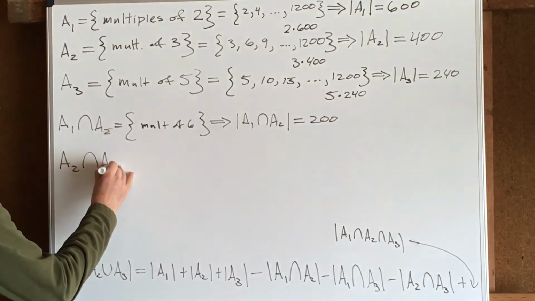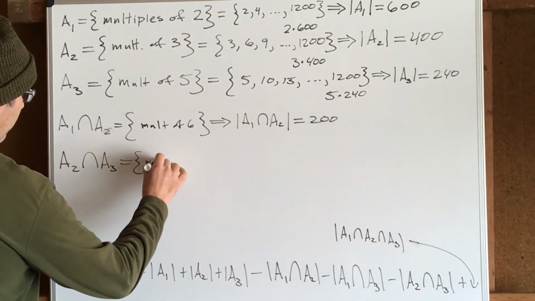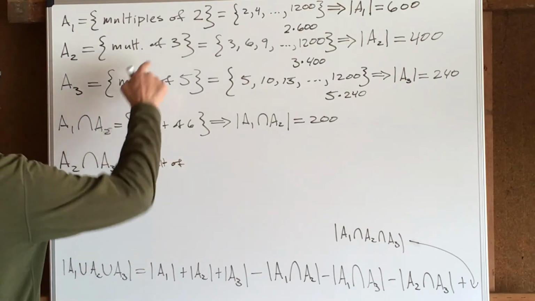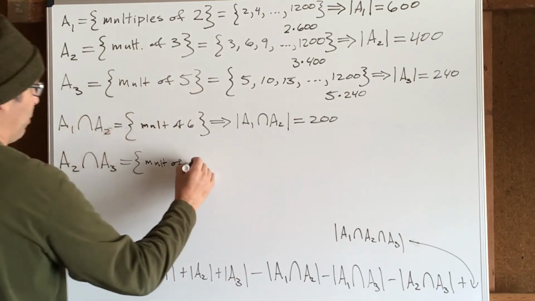All right, A2 intersect A3. A2 was multiples of 3, A3 was multiples of 5, so it's multiples of 15.